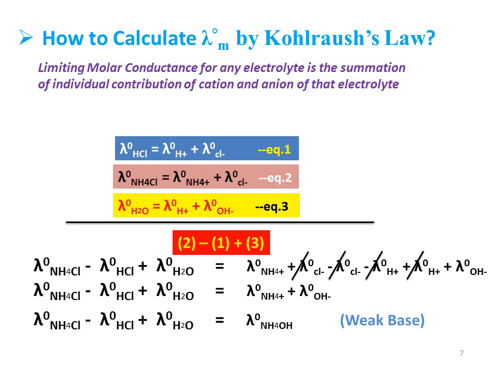This means we have calculated lambda naught of ammonium hydroxide, which is a weak base, its molar conductance at zero concentration, by taking the molar conductance of ammonium chloride at zero concentration, minus the molar conductance of HCl at zero concentration, and then adding the molar conductance of water at zero concentration.